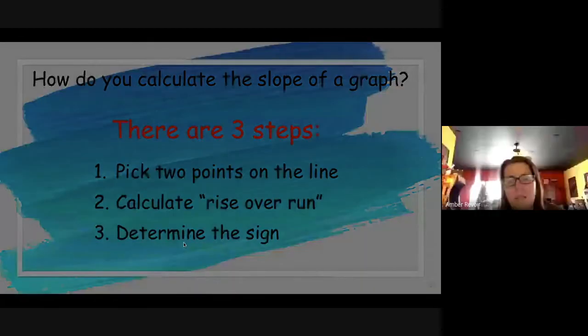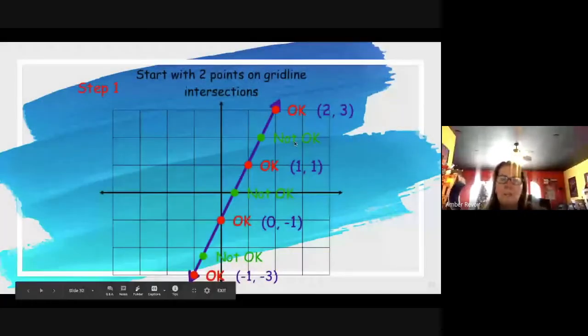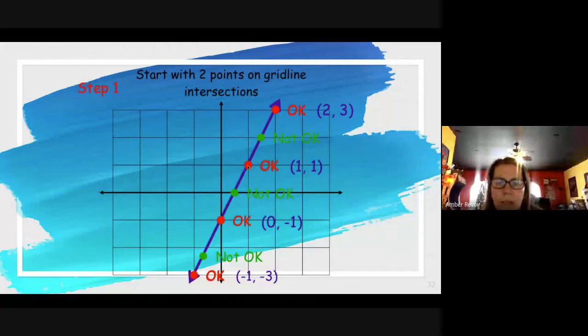So here we've got a graph, and we've got a whole bunch of points picked out. We're going to start with 2 points on the grid line intersections. So you're looking for perfect points. That means you're looking for points like this one, where they are at an intersection on the graph. It doesn't have to be where your X and your Y axis intersect at the 0, the origin.